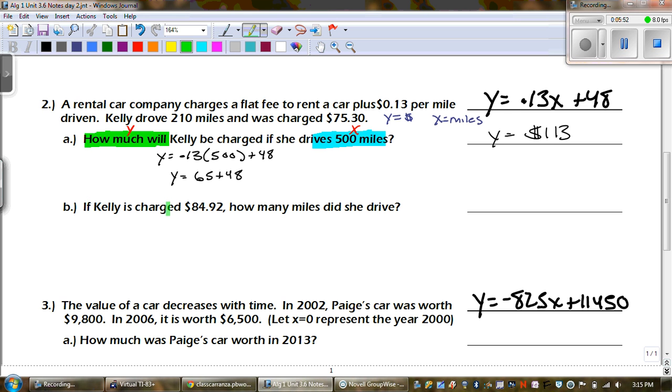Okay? If Kelly is charged $84.92, they want to know how many miles. Here is your y, there is your x. When we set this up, I know the y, that's the 84.92, and then we use the same equation as before, except now we're solving for x. So we have to subtract the 48 from both sides.